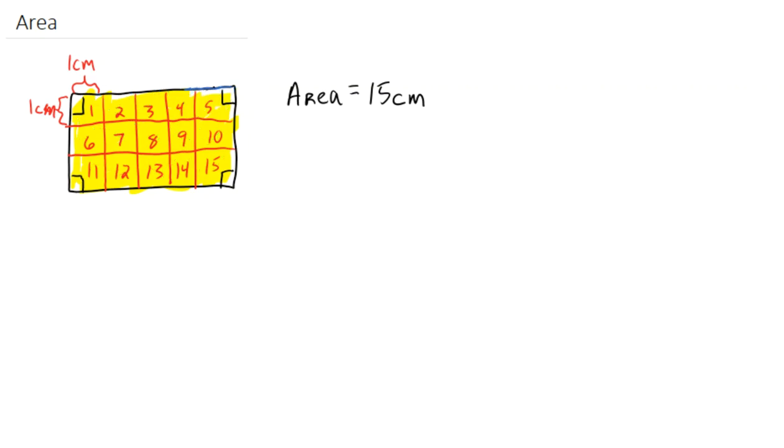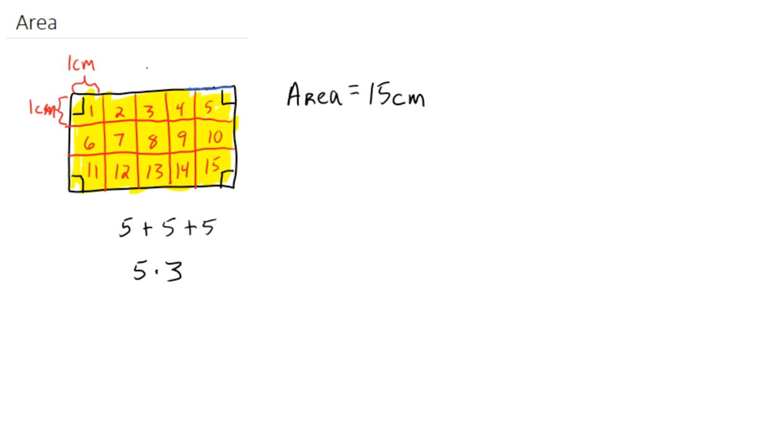Well, we could think of that as saying, okay, well, my area is going to be 5 plus 5 plus 5, but if it's squared out like that, and I use the word square to mean that they're all right angles in the corners, then it's always going to be the same number added up over and over again, which is why multiplication exists. So this is actually just 5 3 times, or 5 times 3. Of course, you could write it 3 times 5 as well.